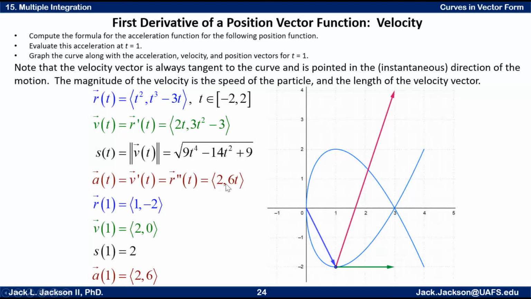It looks like this particular one always has a constant component to the right of 2, but the up and down component varies depending on what t is. Okay, in our particular point, when t equals 1, this is 2, 6 for the acceleration vector, which you can see right here.